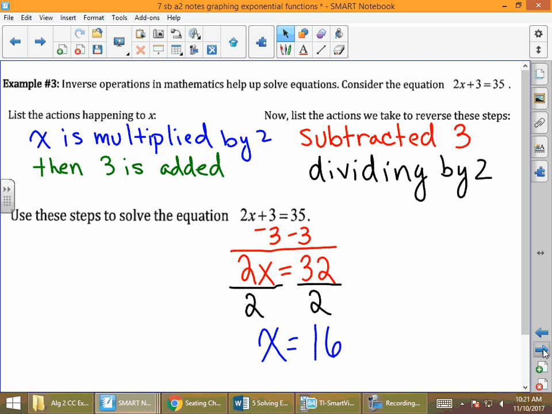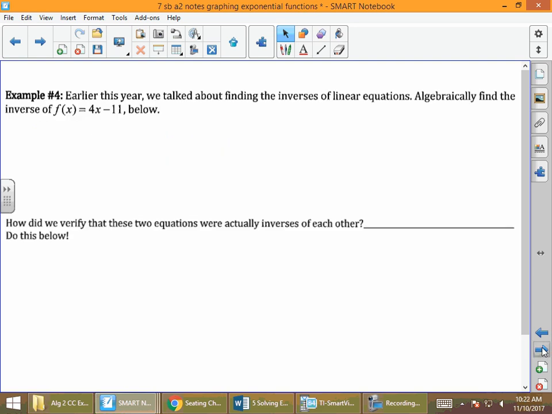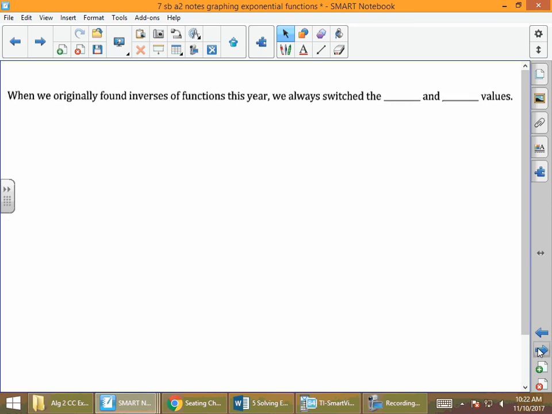What we did earlier in the unit that I'm going to skip here is how do we find the inverse of a function? And so I was going to have us go through that, but I don't want to go too fast over the rest of this, so I'm going to skip this here. If we have time at the end, we'll come back and do this one. But let's flip our papers over.